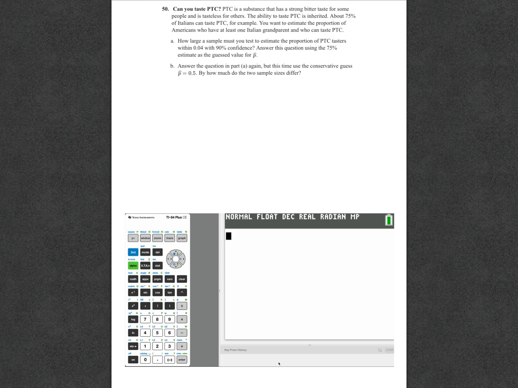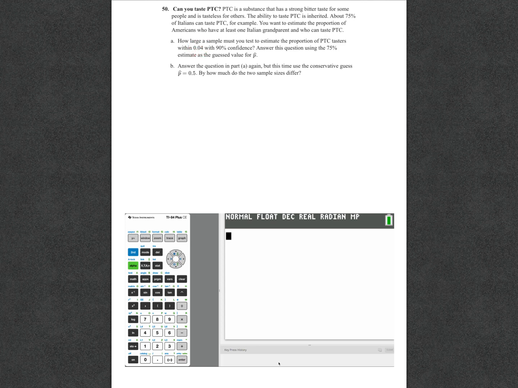How large a sample must you test to estimate the proportion of PTC tasters within 0.04 with 90% confidence? So 0.04 in this context represents the margin of error. We want the margin of error, based on a 90% confidence interval, to be less than or equal to 0.04.